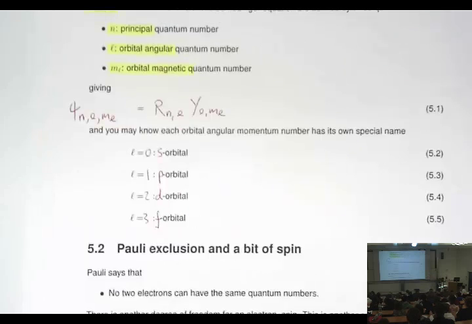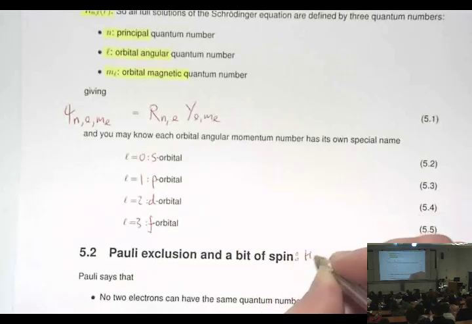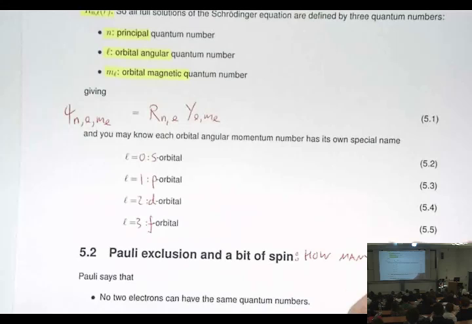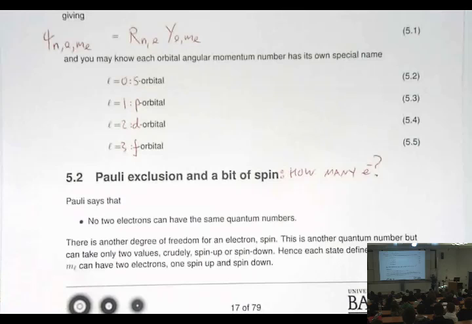Okay, so let's ask a question. How many electrons can actually fit in these quantum number states? So I've drawn these nice pretty pictures, so the question is how many electrons can I fit in each quantum number state? Can I just shove as many as I want to? What happens? So say I don't have just hydrogen, I now have potassium, which means I've got 17 electrons.